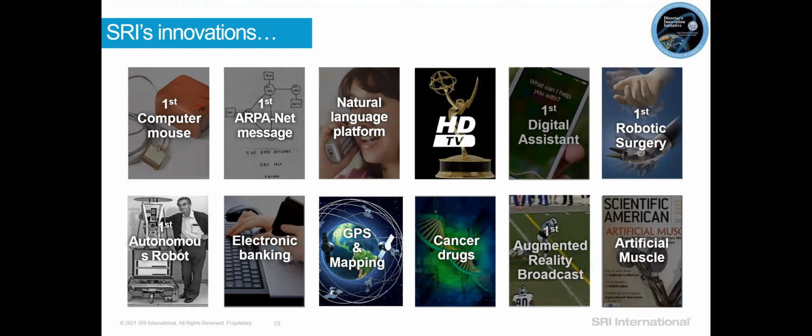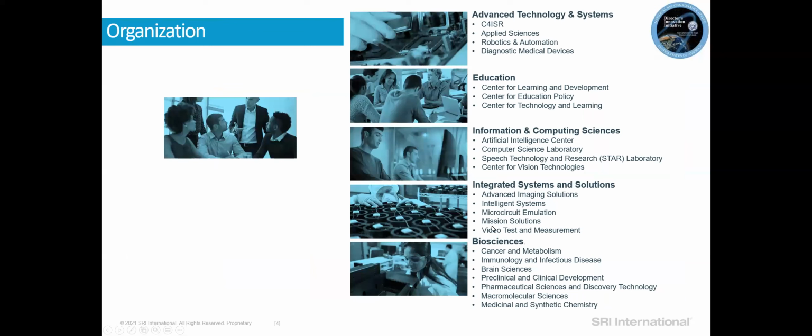The innovation pertaining to the Center for Vision Technology is the 10-yard line in football. That was something that was invented at our lab, but there are a number of things. And this is a general idea of our organization.